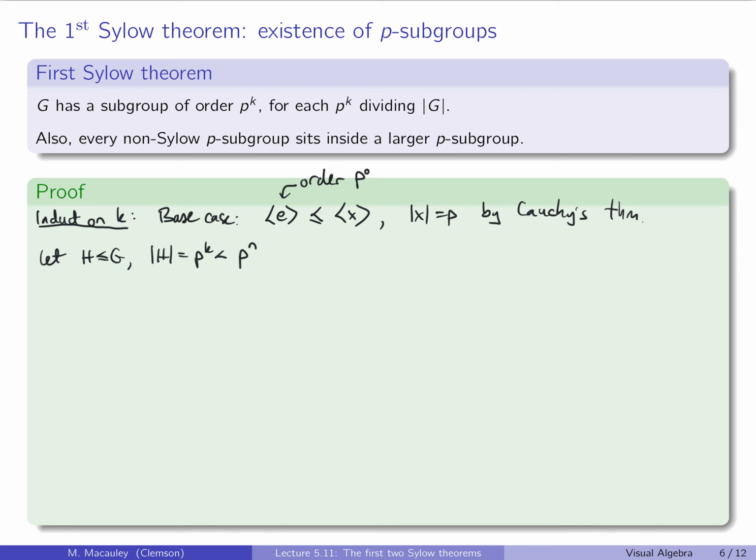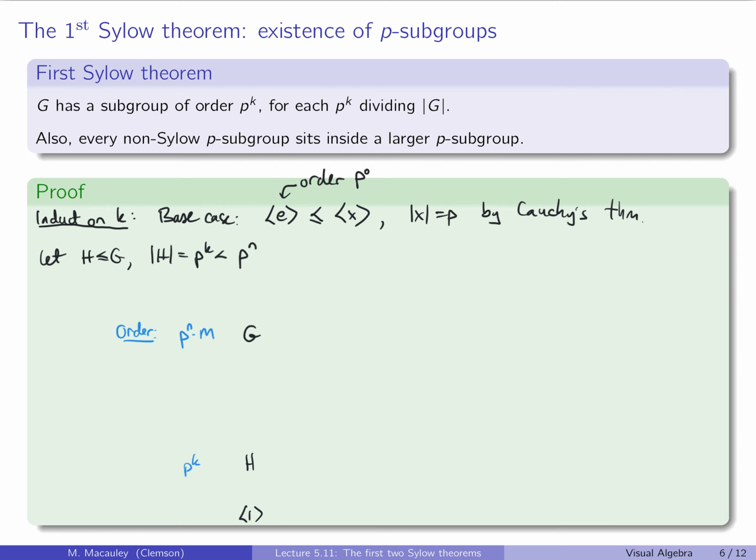Let's draw a picture of the subgroup lattice. This is how the proof is going to go. So we're going to have G, and we have H down here, and here's the trivial group. And let's write the order of these subgroups. So G has order p to the n times m. H has order p to the k.